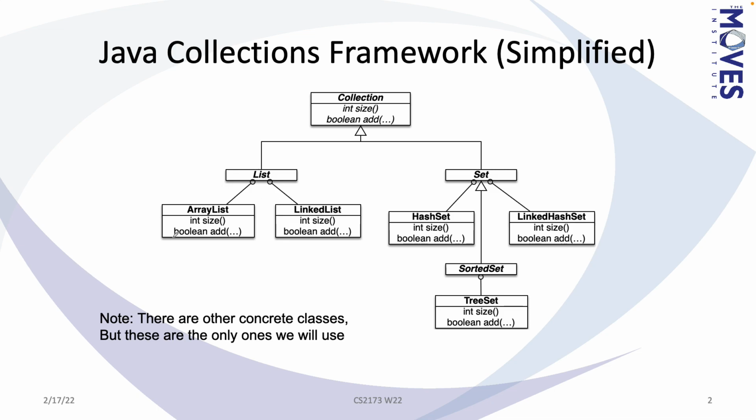So if you're going to be removing things from the front or the middle a lot, or even inserting things, then a linked list is going to be a better deal for you than an array list. If you're not going to be doing that, then an array list is perfectly reasonable.